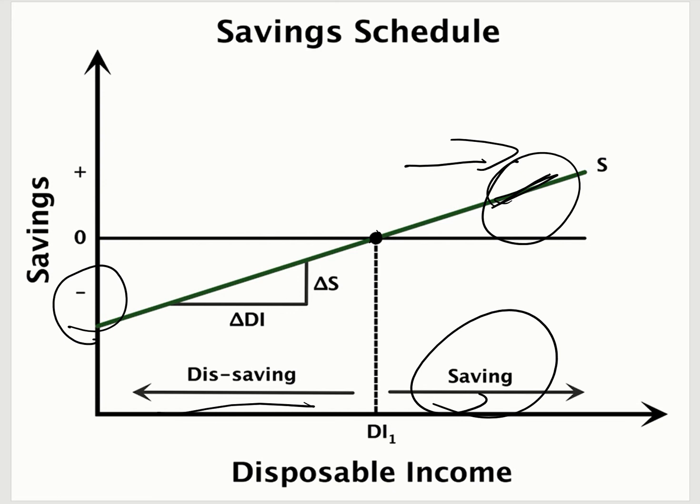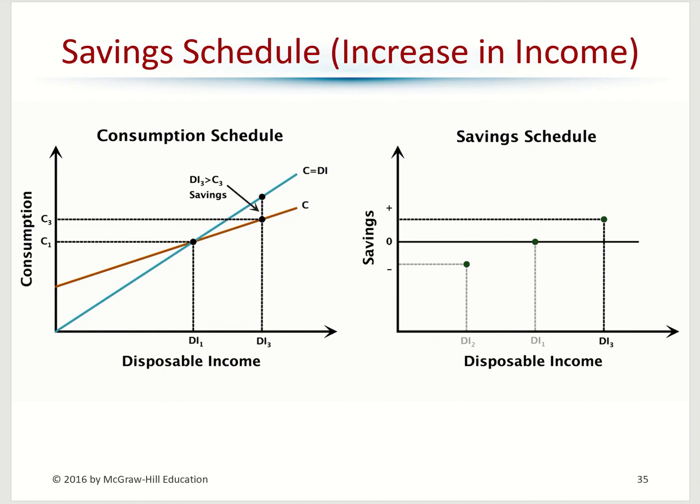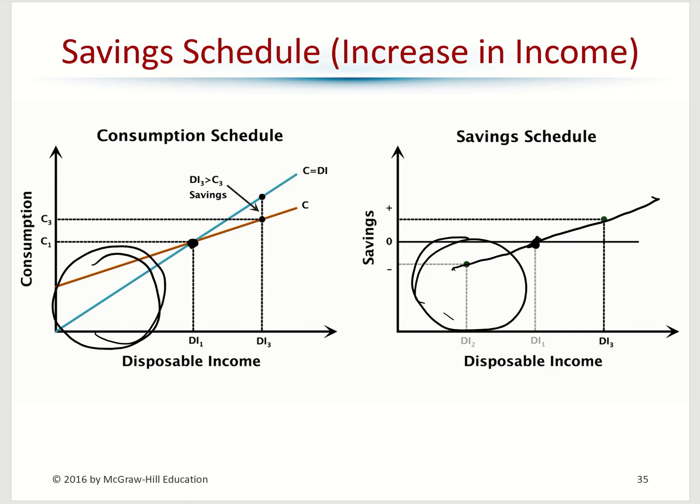And if you compare this to our consumption schedule, if you put the two together, this intersection is the same as your original intersection between your consumption curve and the 45-degree line. They're the same intersection, right? So in this portion here we have dissaving, and in this portion here we have saving, when saving becomes positive and your income is more than consumption.